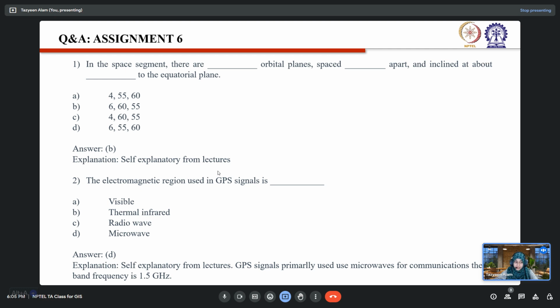So GPS signals primarily use microwaves for communication, where the L band frequency is 1.5 gigahertz. So the appropriate answer will be microwave. For communication, microwave is what we are using. But if you need it for a specific task, then we go into shorter categorizations, and radio wave will be the answer for certain other functions, not for communication.